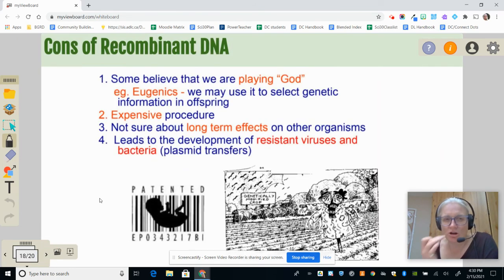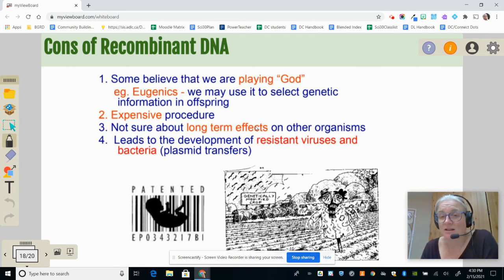Some cons of recombinant DNA. Some people believe that we're playing God because we're selecting those DNA and genes and putting them into organisms to change the way they're going and modifying them. Sometimes people refer to this as eugenics.